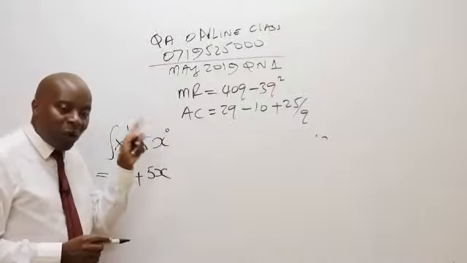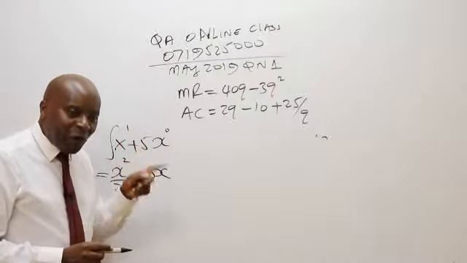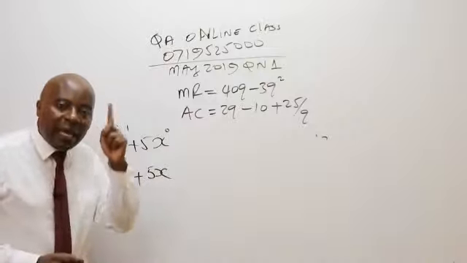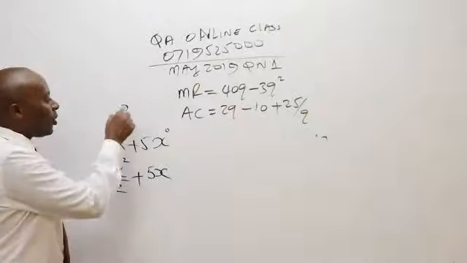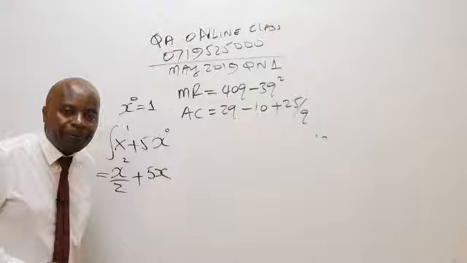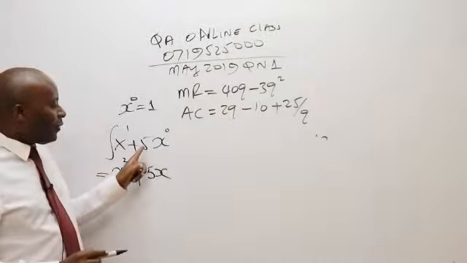Any letter or number raised to power 0 will always be equal to 1. So this is the same as saying 5 times 1.